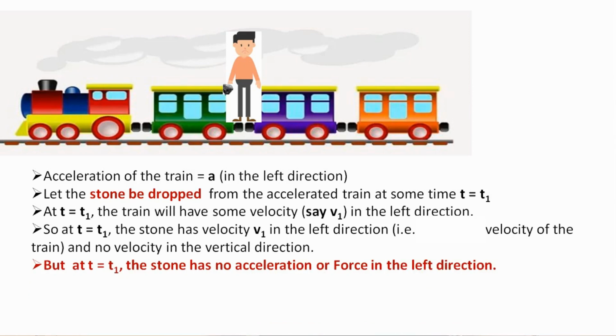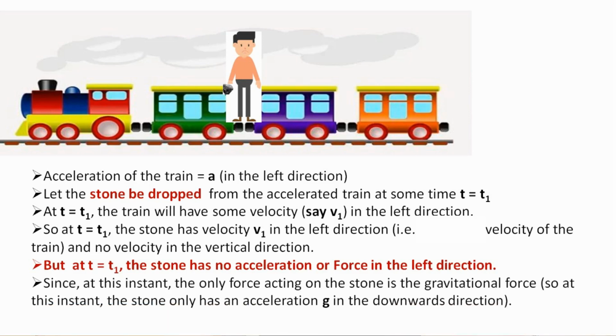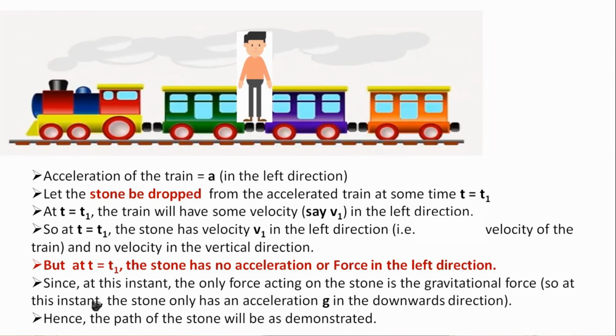Because at this moment, the only force acting on this stone is the gravitational pull of the earth, the gravitational force, and it is acting in the vertically downwards direction. The acceleration is in the vertically downwards direction. So the only force acting on this body is the gravitational force, and the stone has no memory of its acceleration with the train a moment ago.